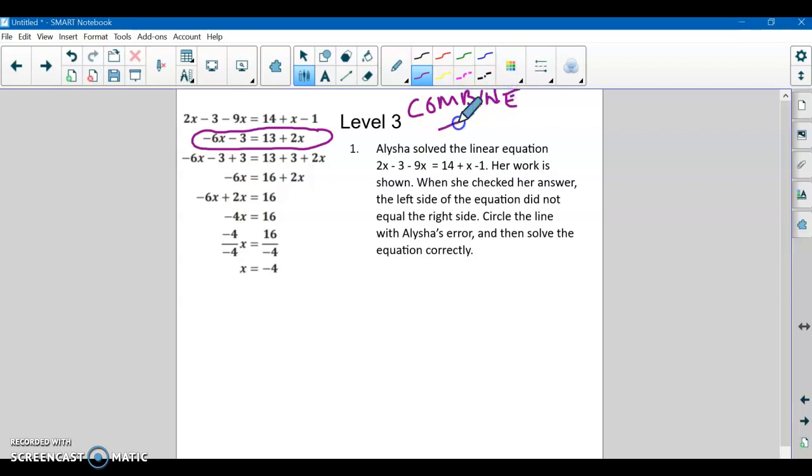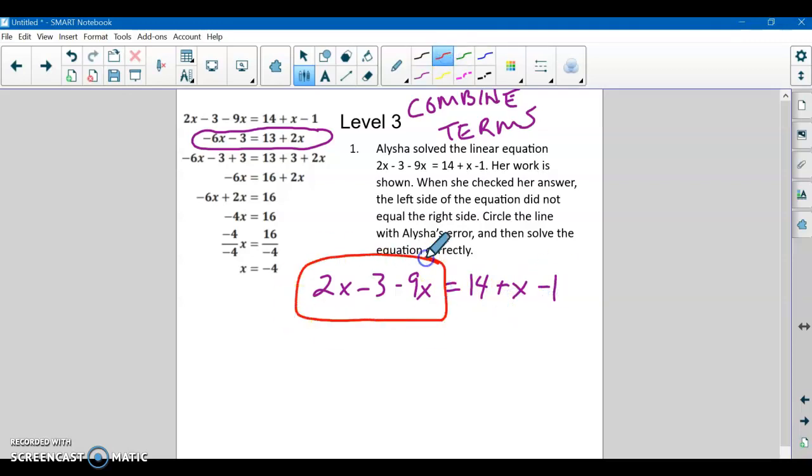So I'm going to rewrite this: I've got 2x minus 3 minus 9x is equal to 14 plus x minus 1. I am going to combine the terms on the left. So I'm going to have negative 3 minus 7x is equal to 13 plus x.